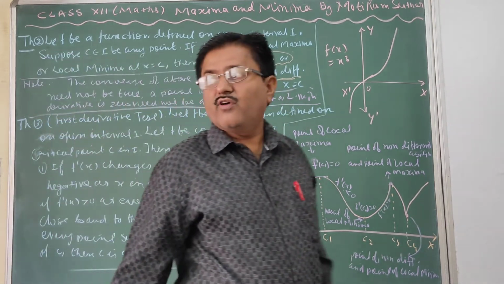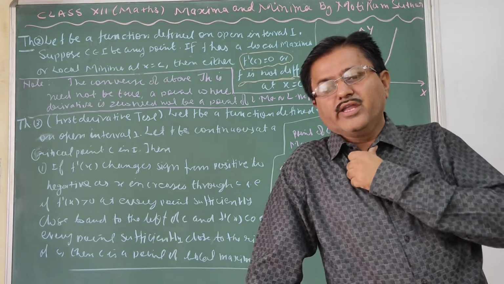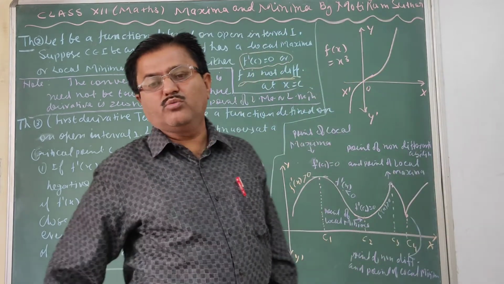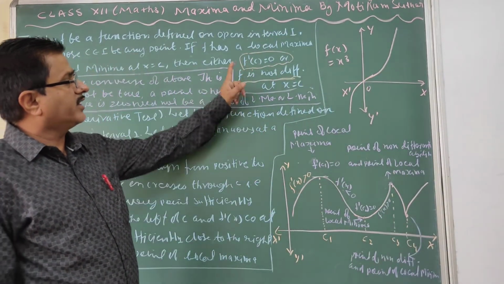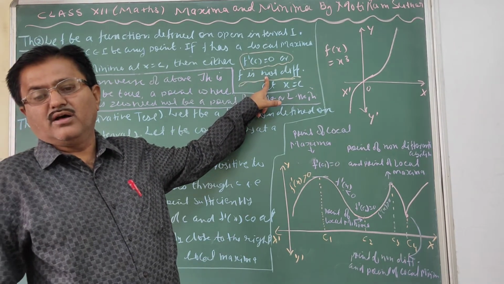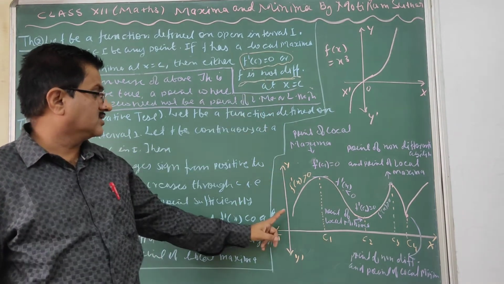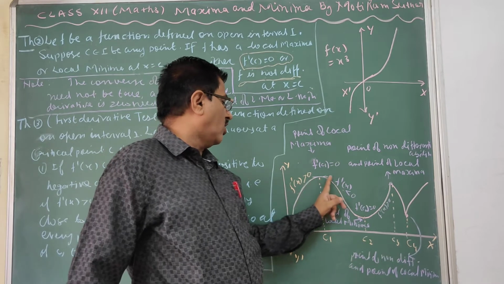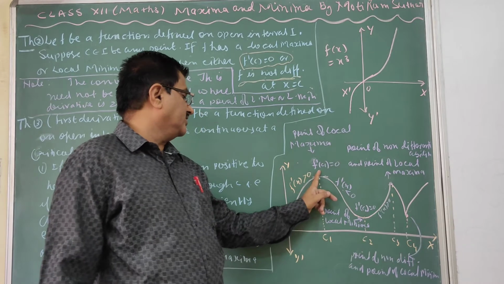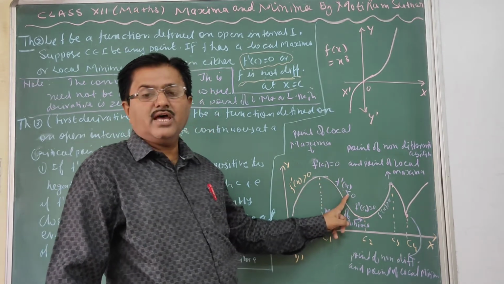It means when the function has its maximum or minimum value at any point, then at that point the corresponding derivative will be 0, or at that point the function is not differentiable. Is this clear? Now when we draw this graph, as we saw yesterday, when it is increasing f'(x) is greater than 0, and when decreasing f'(x) is less than 0.